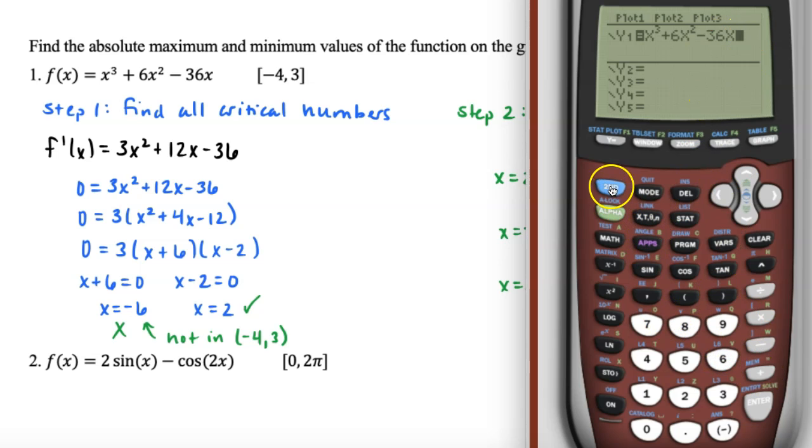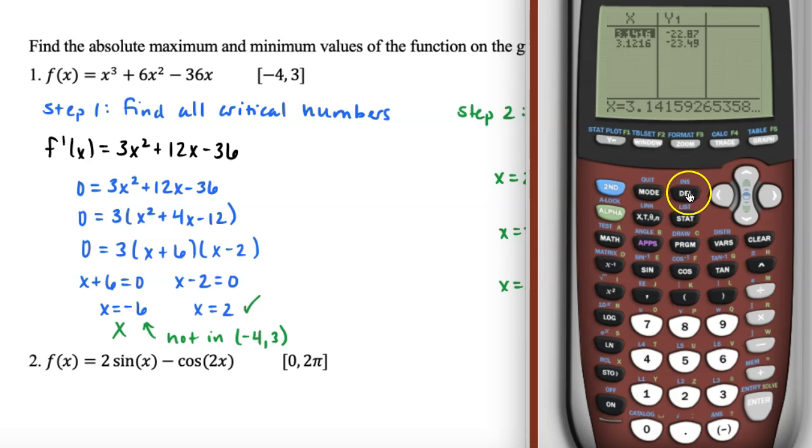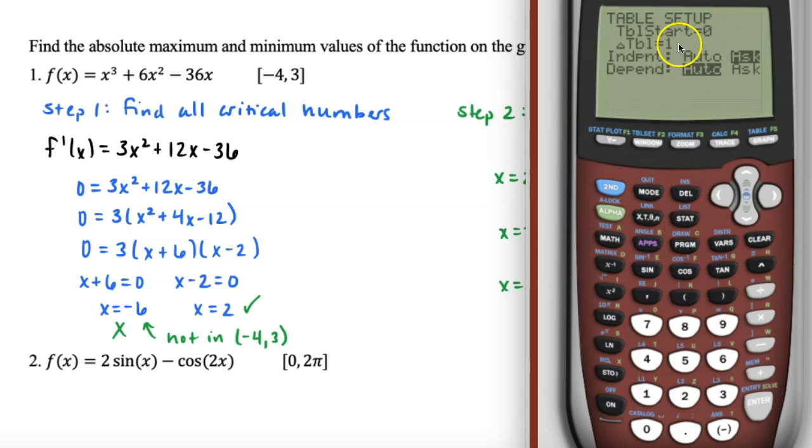And then I can go to my table. If I go to second window, my table settings, I'm going to make sure I'm in ask for my independent variable. And so now, trying to go back to my table, I'm just going to put in all the x values that I'm looking for.